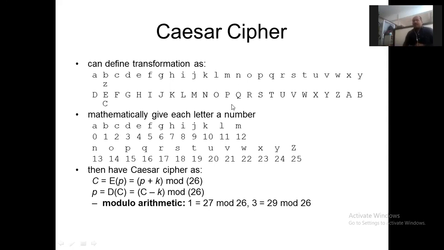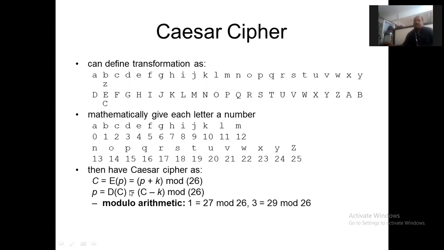The sender produces the plain text, and that plain text is converted into the ciphertext. This is done at the sender side. At the receiver side, the receiver receives the ciphertext, and that ciphertext is converted into the plain text again. That's why there are two equations.